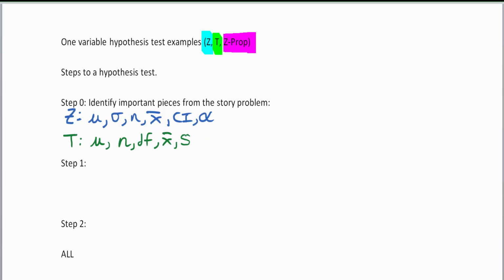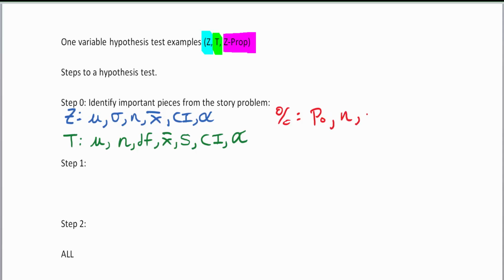Notice it's given by the lowercase letter s instead of the Greek letter lowercase sigma. And then confidence interval and alpha. Now finally, if you have a percentage problem where you have to verify the binomial percentage, you're going to look for your p0. Your p0 is what your null hypothesis is going to be tested against.